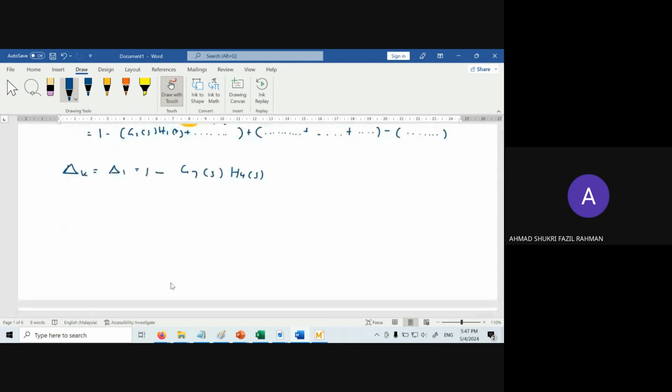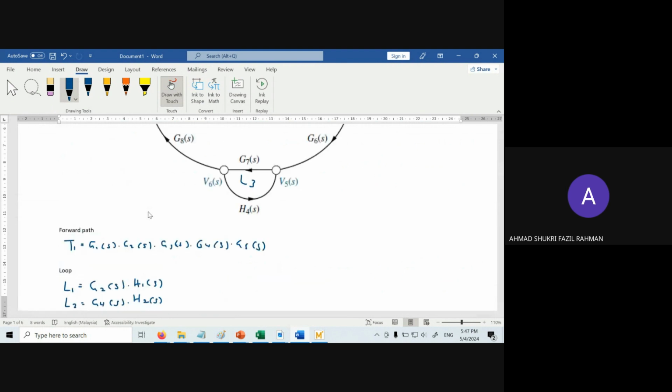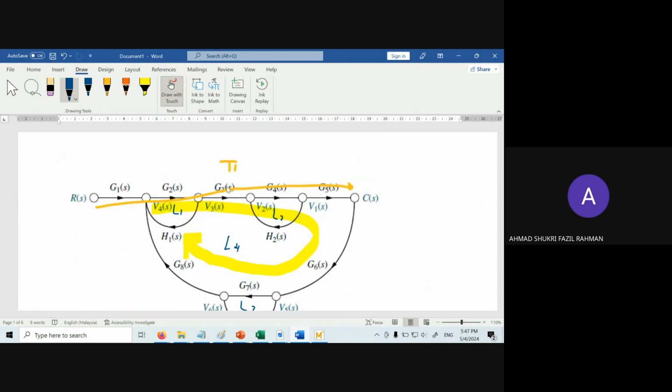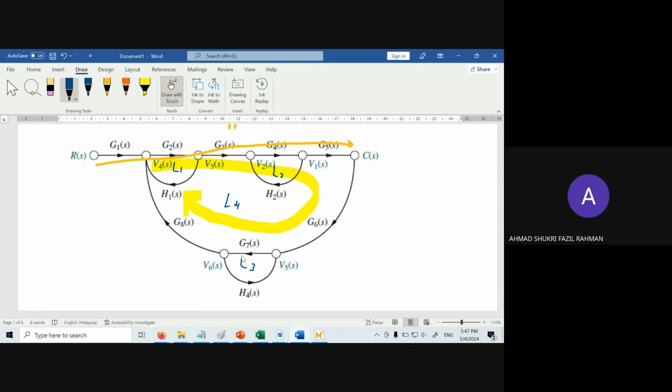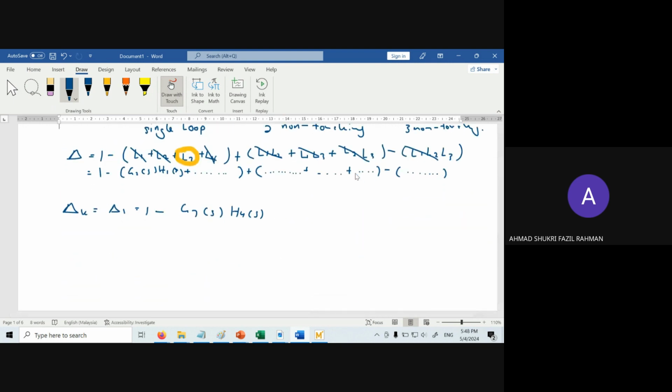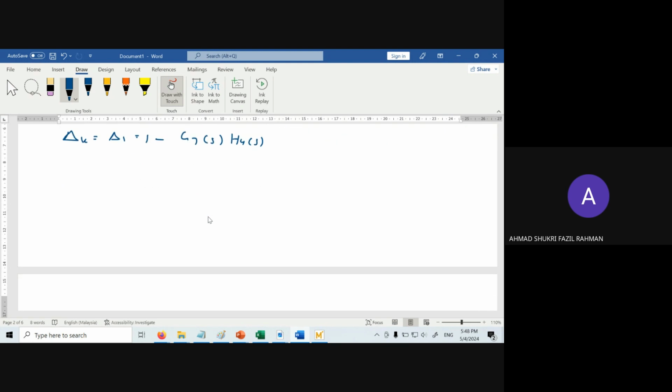For delta k ni, this is referring to delta 1. Okay, for example, we have only T1, so you need to refer. This is the route that T1 is taken, so you need to identify any route from loop that do not share the same route as T1. Okay, yang tu saja. Ini merujuk kepada delta k.